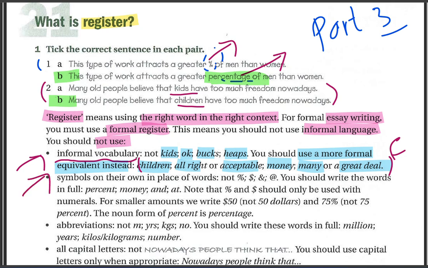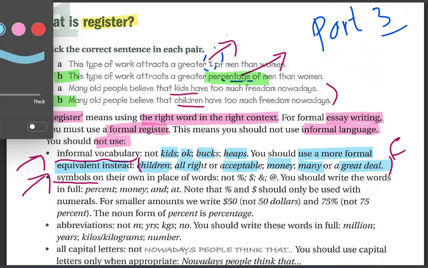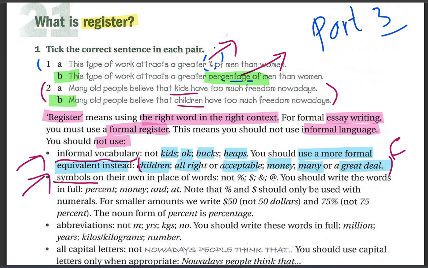Now the second part, about the symbols. Here, symbols on their own in place of words. So when you want to just use them on their own, you just use them with words. For example, not %, $, and @. You should write the words in full.